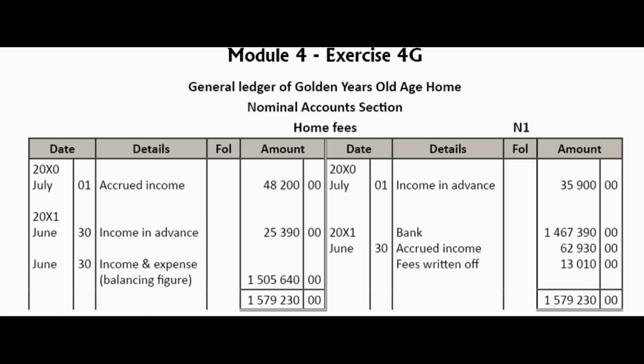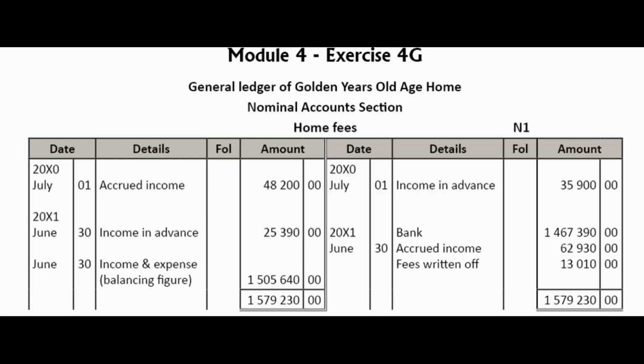Okay, that is easy. What was the amount that was outstanding? It was 48,200. And then we recovered 34,190. So the difference between those two amounts is 13,010. And that is the amount that we need to write off.